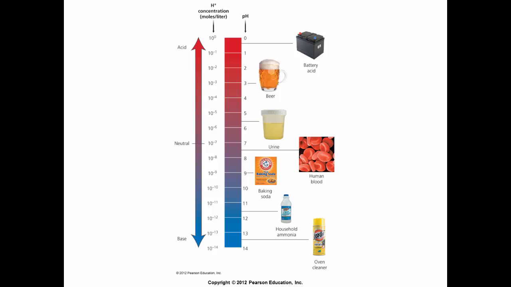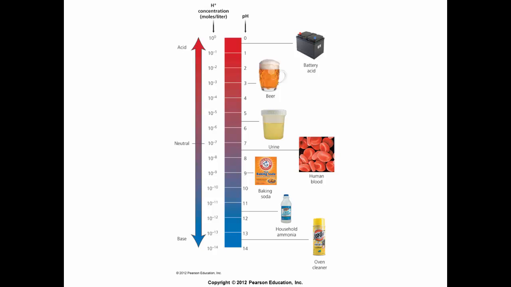Baking soda would be a basic or alkaline. Acidic would be on the lower end of the scale. And so it's very important to maintain appropriate pH in the body, because even just a slight change in pH in the blood can result in death.